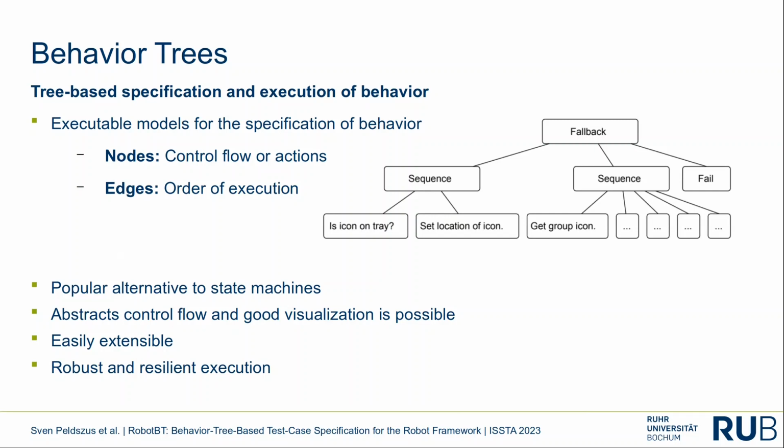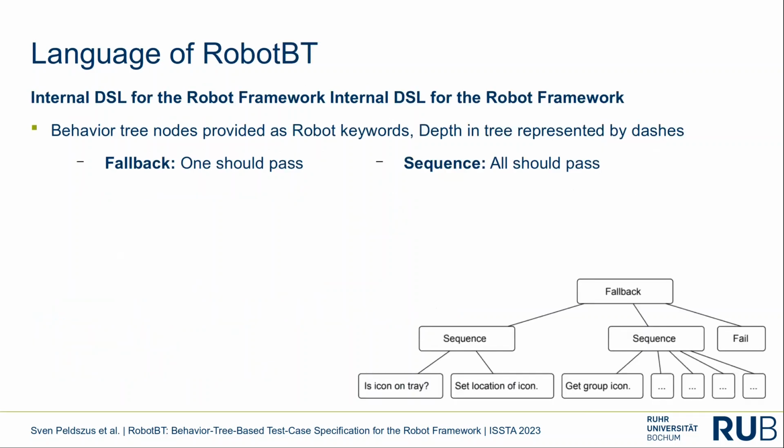Now the question is, how can we use this for specifying robot test cases? I've shown you an intuitive example, but for integrating it into robot, we came up with some textual domain-specific language that uses behavior trees as robot keywords.